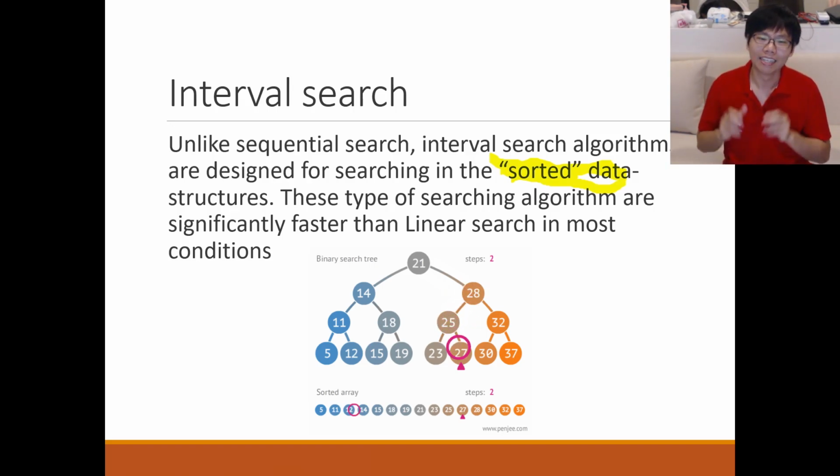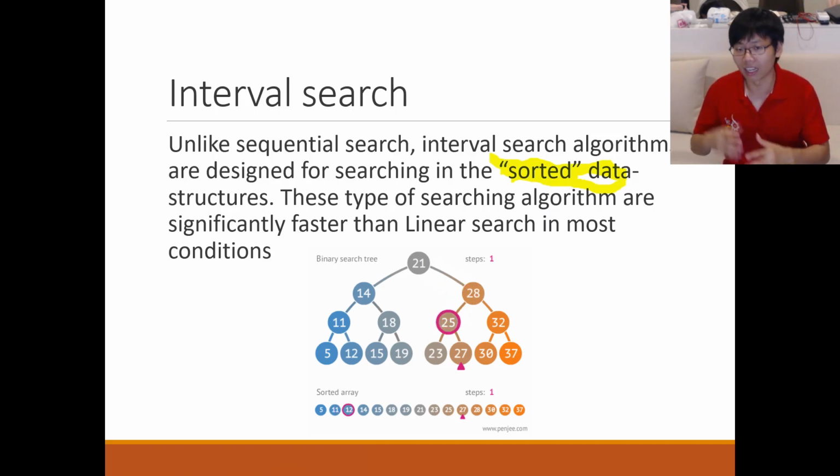Why? Simply because if the data structure is randomly organized, there is no specific way for us to mathematically declare a function that can make searching faster than linear search.